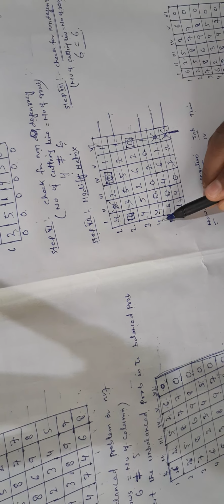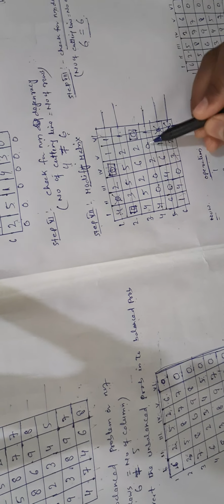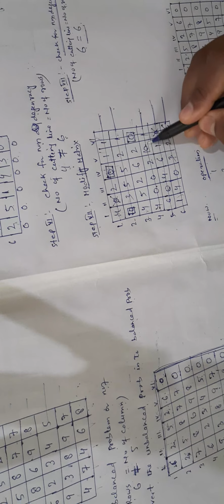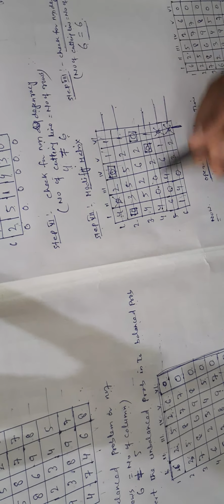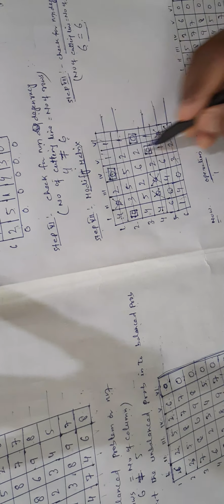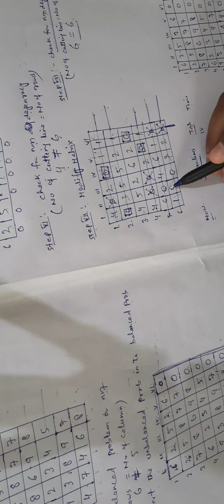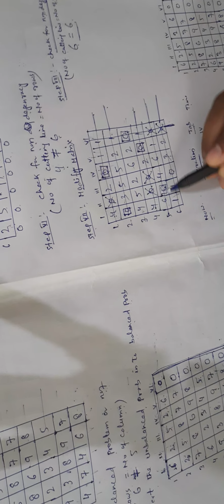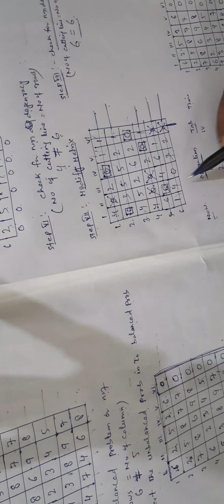Now next fourth row, in this fourth row we have to assign this one 0. In this row this 0 is cancelled, and in this column there is no 0. Next, here we have to assign this one 0. In this row there is no 0 and the column is already cancelled.